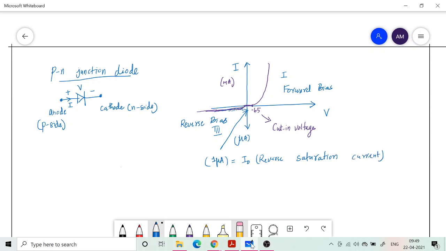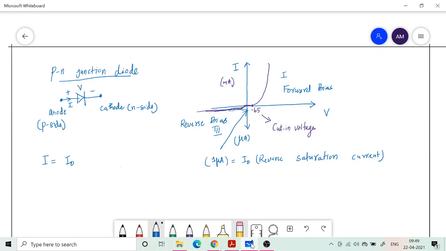Now mathematically you can put all these characteristics in an equation which is called the diode equation. The diode equation is a mathematical expression between current and voltage. It is given as I is equal to I0, which I already told you is the reverse saturation current, and its magnitude is something like 1 microampere, or sometimes even lesser than that.